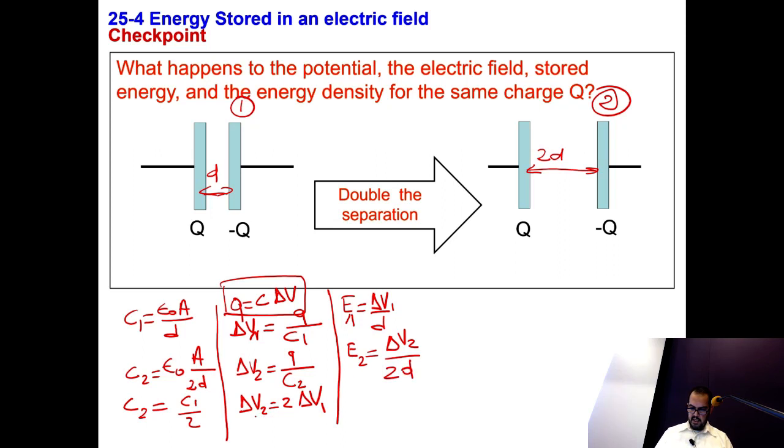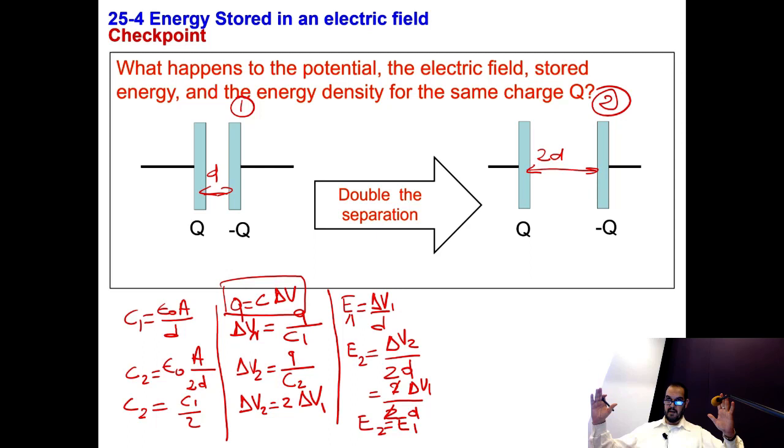But we already said delta V2 is 2 delta V1, so this is equal to 2 delta V1 divided by 2D. The 2's cancel and we end up with E2 equal to E1. Interesting, huh? The electric field did not change even though the separation between the plates doubled. Because the separation doubled, the potential also doubled, and when you divide the potential by the distance between the plates, you still find the same electric field. So the electric fields are the same.